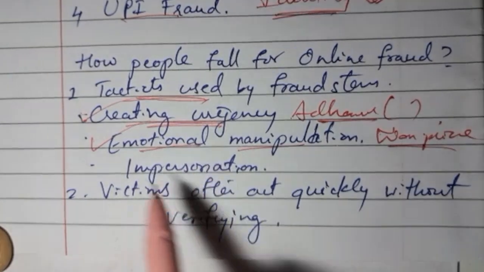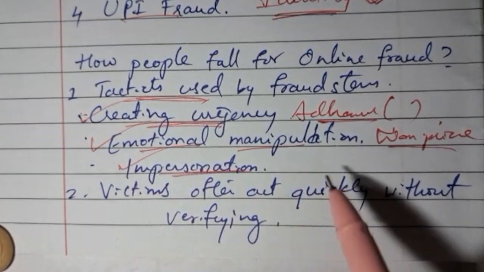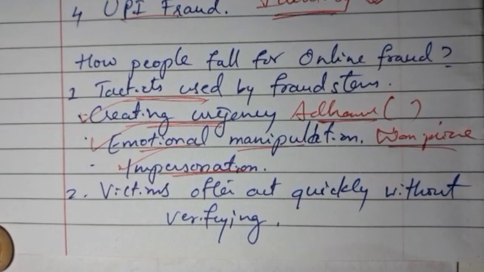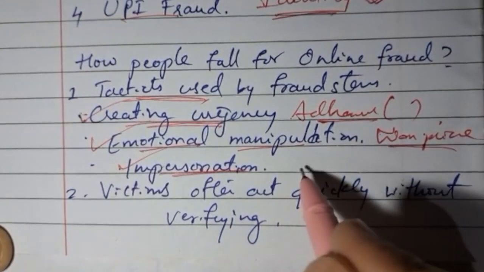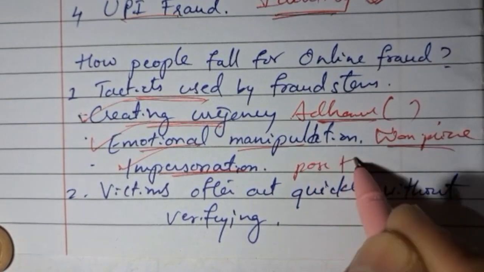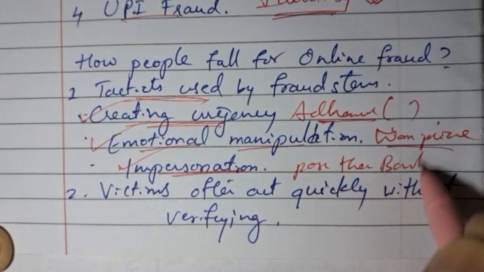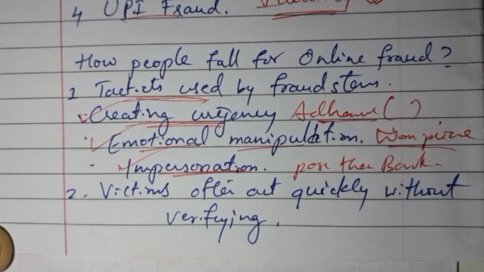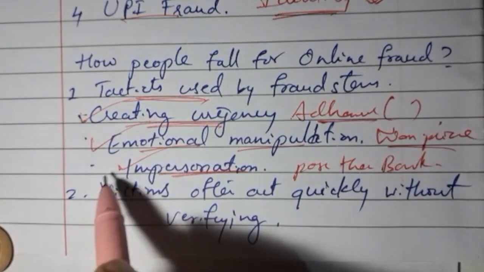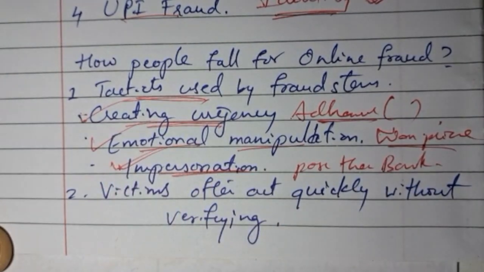And the next one is impersonation. This is a tactic where the fraudsters pose themselves as bank officials or government agents. They will tell the victims things, and the victims tend to believe them and give the information they are asking for.